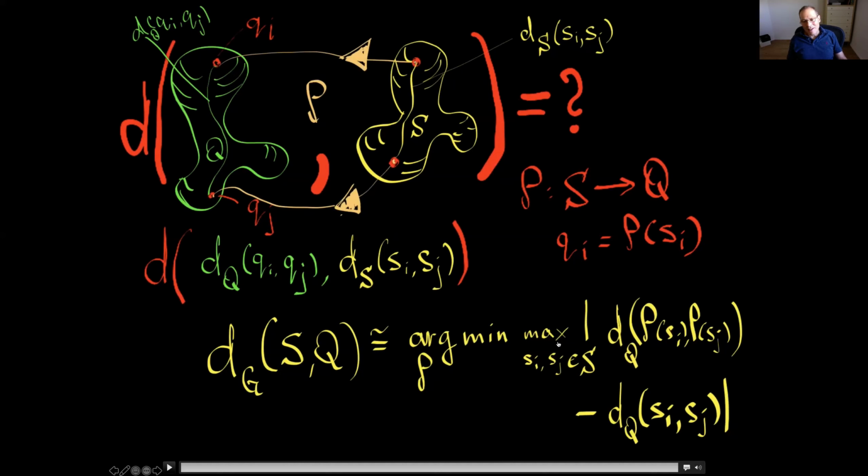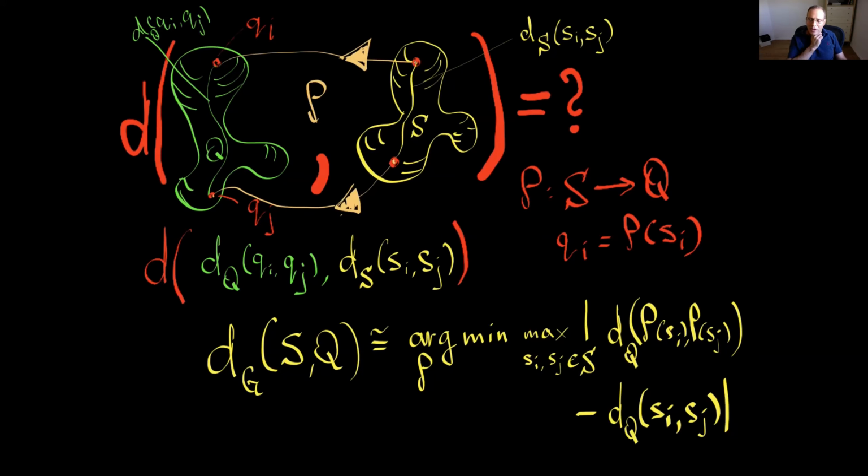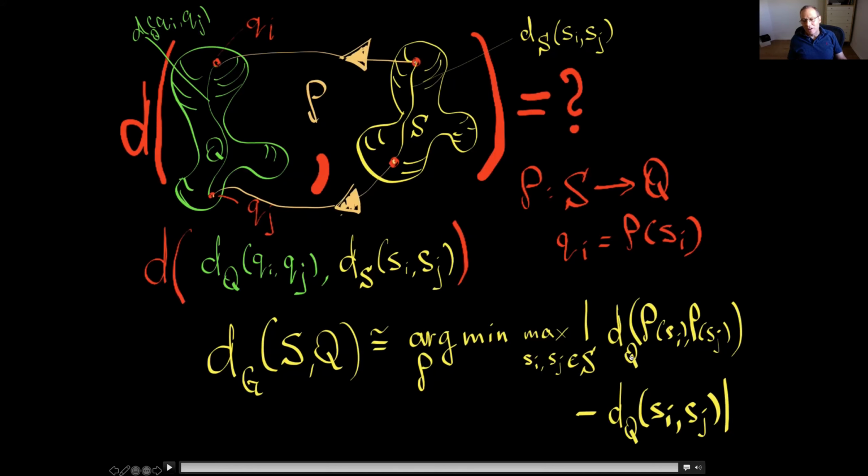So in a min-max sense, what you're looking for is the mapping between all points in S. And again, I'm now taking the liberty of giving you an engineer's explanation of the Gromov-Hausdorff distance, throwing away the symmetry. I mean, you need to embed Q into S and S into Q, and then one point of S into Q and one point of Q into S. But let's take only one side of the story.